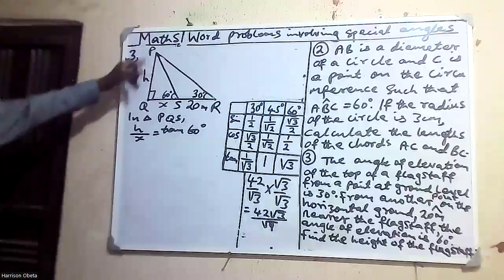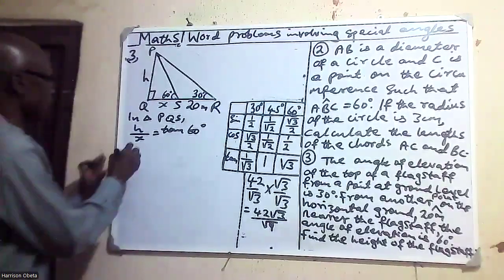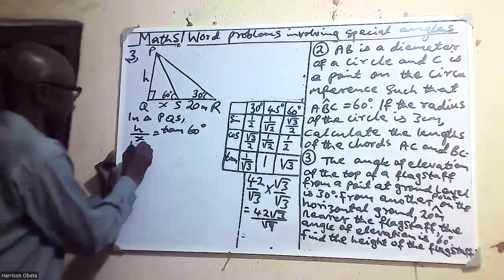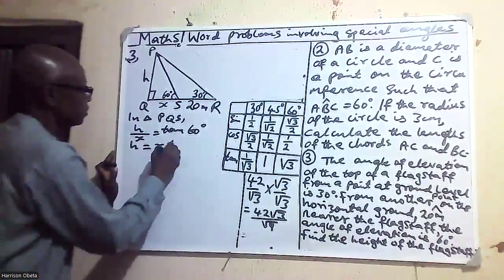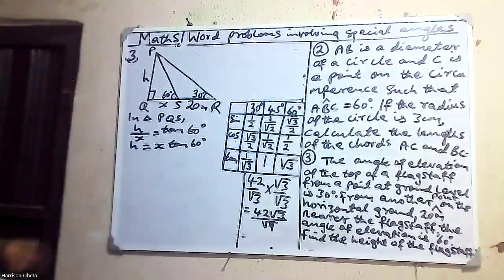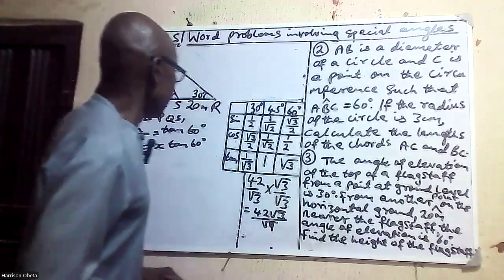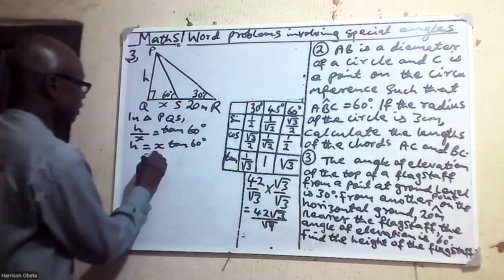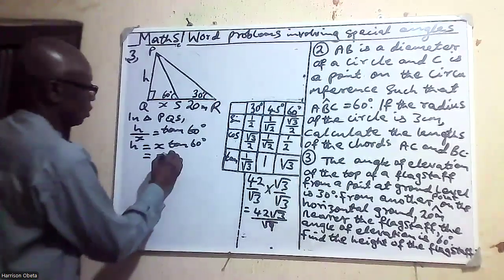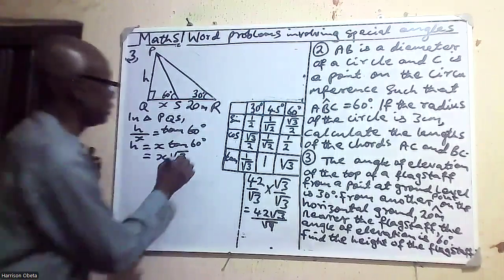That is opposite over adjacent. And that means that H is equal to X tan 60 degrees. That's if you cross multiply. And from the table, we have that tan 60 is root 3. So that is X root 3. Okay, we can call this equation 1.